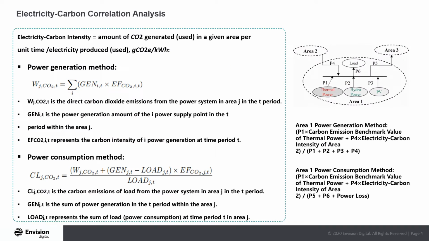Electricity carbon intensity is defined as the carbon dioxide content per kilowatt-hour of electricity in a given area during a unit of time. The basic calculation methods of electricity carbon intensity consist of three parts. One is the calculation of thermal power carbon emissions on the power generation side.